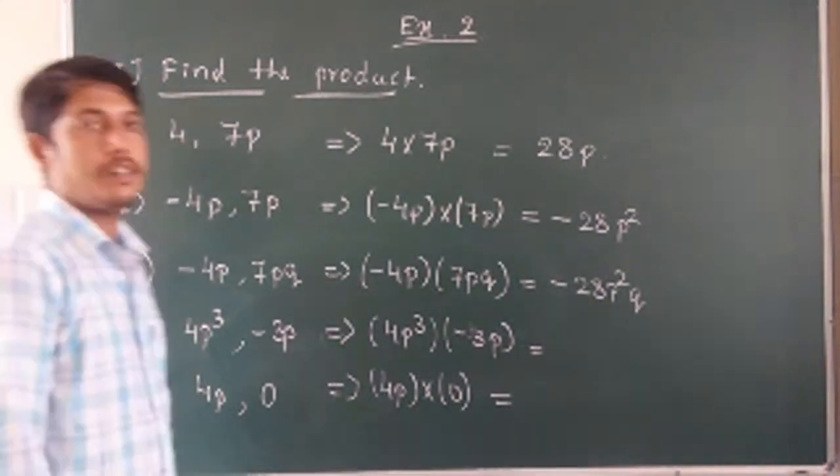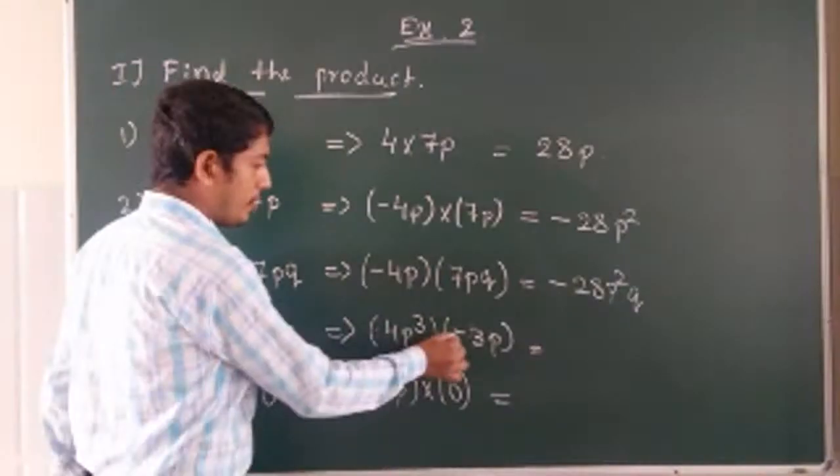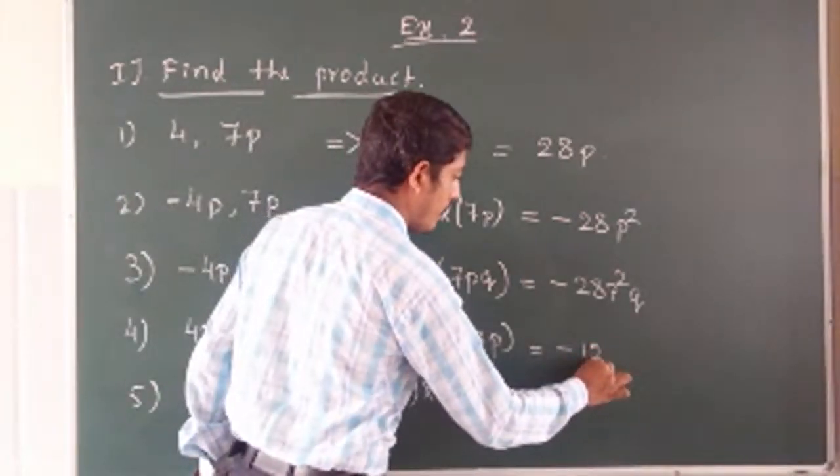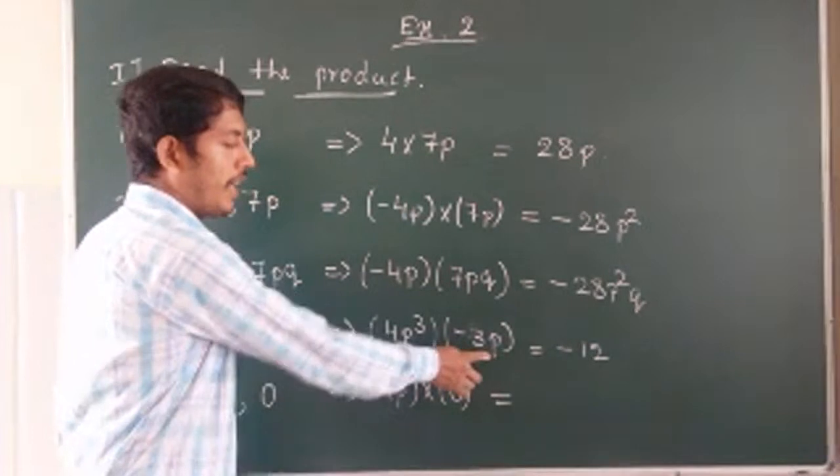Here first I will multiply the sign. Plus into minus, it becomes minus. 4 threes are 12. Then p cube and here p.